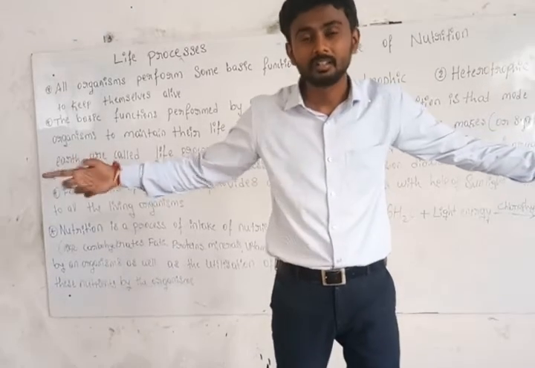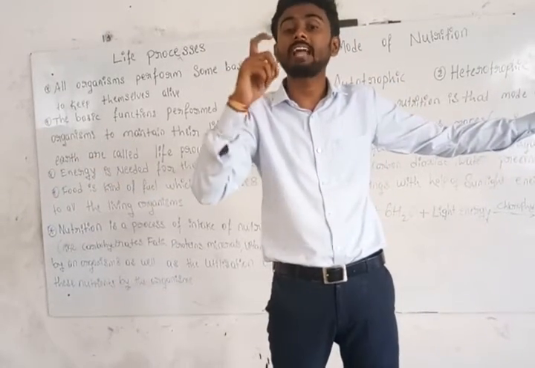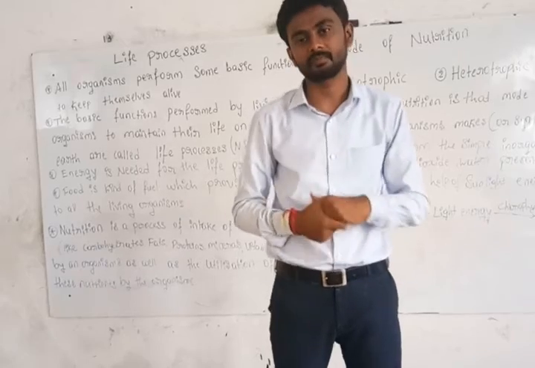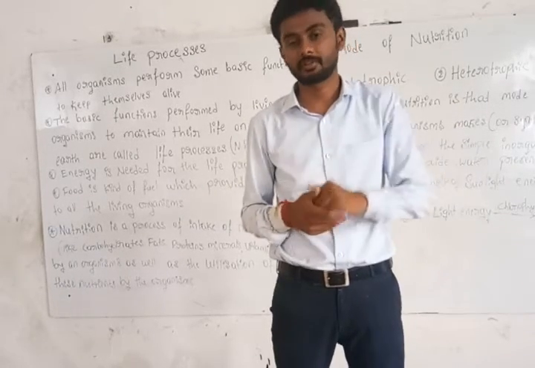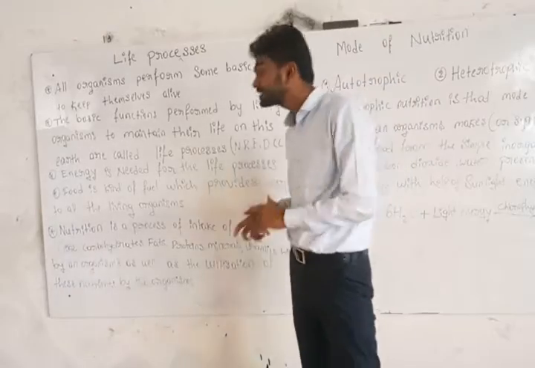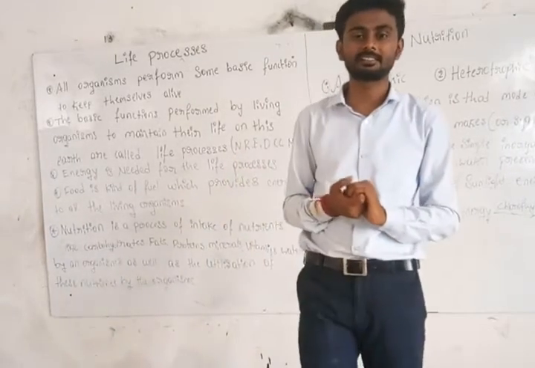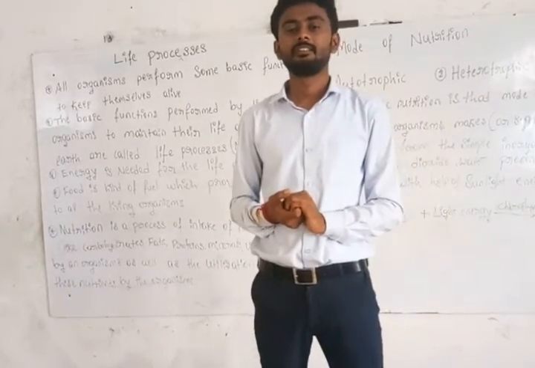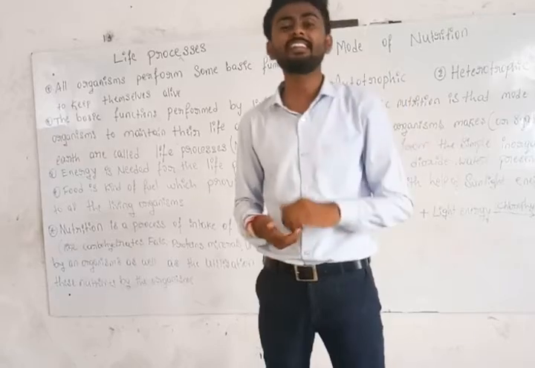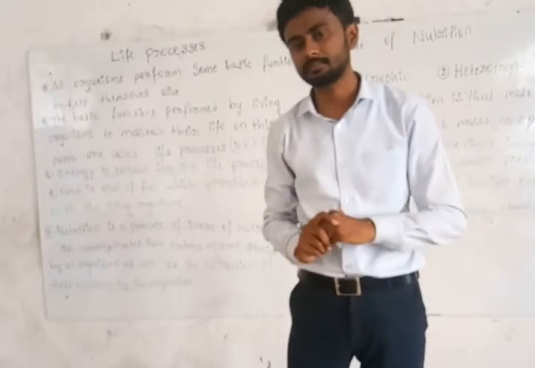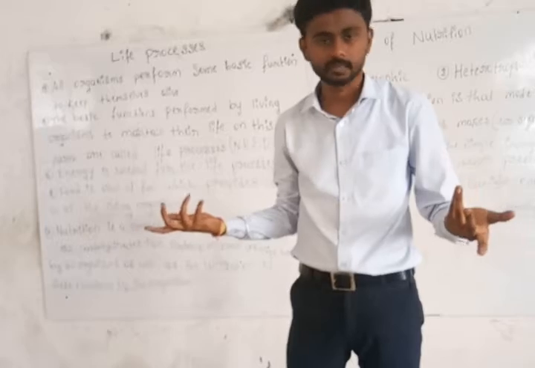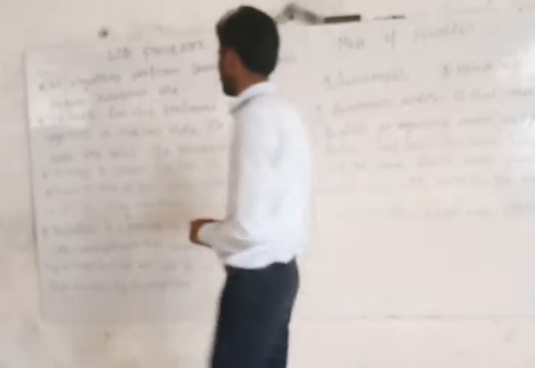In the world, only the plants can prepare their own food materials, and bacteria also, but not that much. That food is essential in all types of living organisms. Correct or not? Yes.